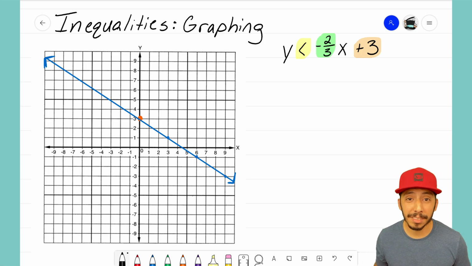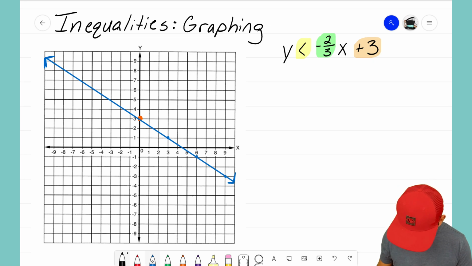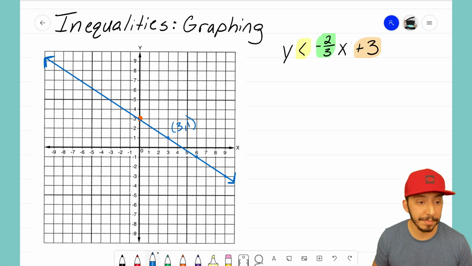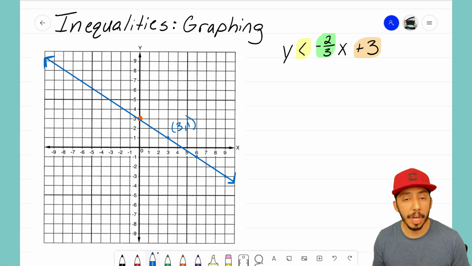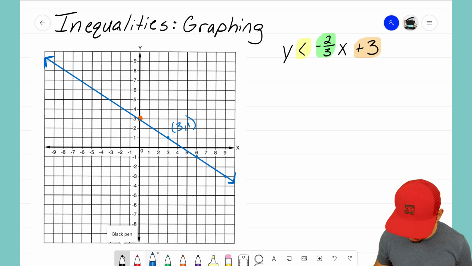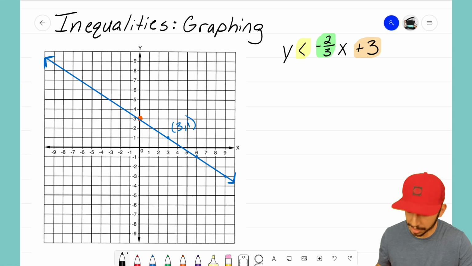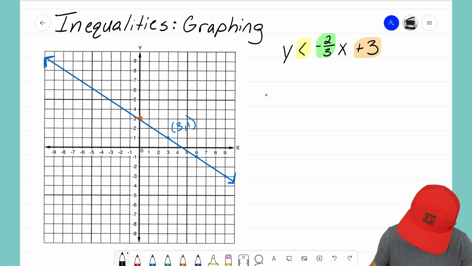If you don't believe me, let's try that out. Let's look at this point right here. This point is 3, 1, and it is on the line. So let's take that point 3, 1 and put it into our inequality. We'll change the y value to 1. We'll have negative 2/3 times the x value, which is 3.